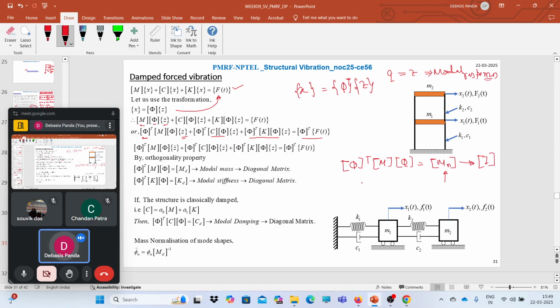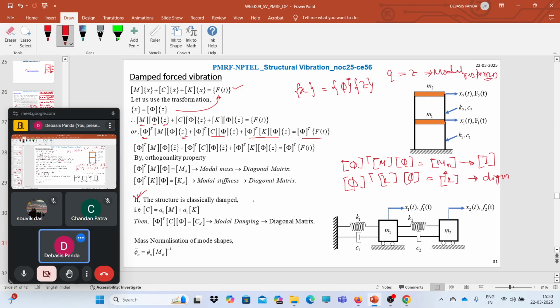And already we know that phi transpose K phi is nothing but your modal stiffness matrix, it's diagonal. And for the damping, we have considered the classical damping part. That means we have considered that all the roots will be positive and real.